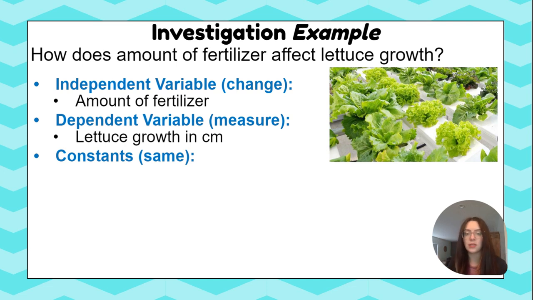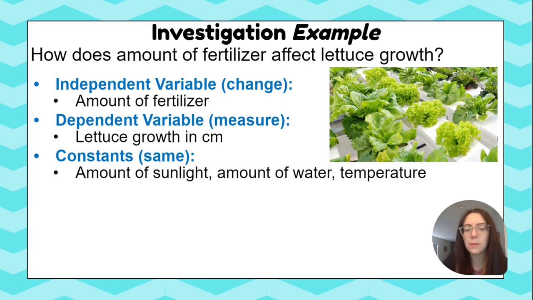What are some constants? You should be able to list quite a few constants, not just a couple, but really list them out. Okay, so the amount of sunlight would need to be constant amongst all lettuce plants. They would need to receive the same amount of water, be under the same temperature.